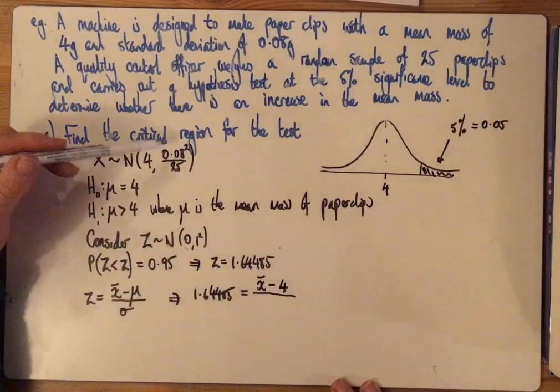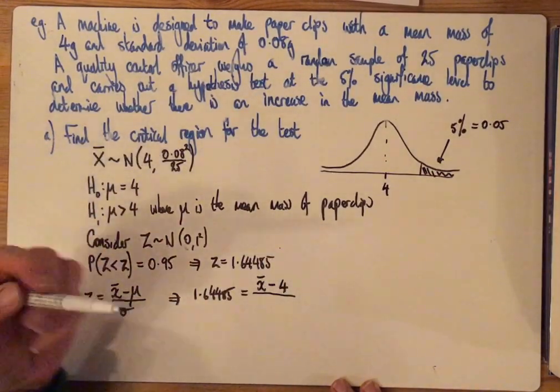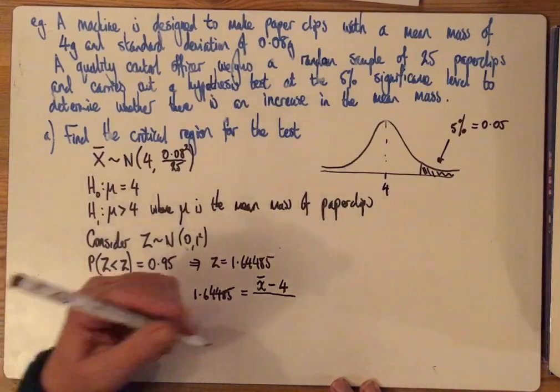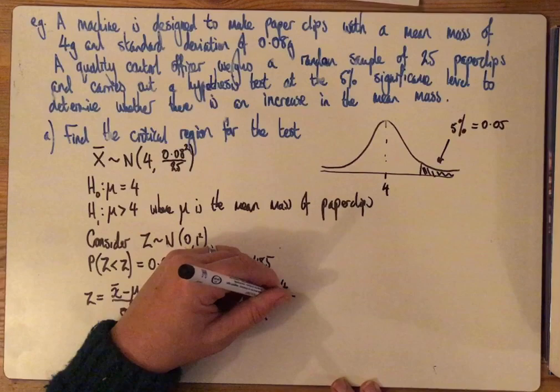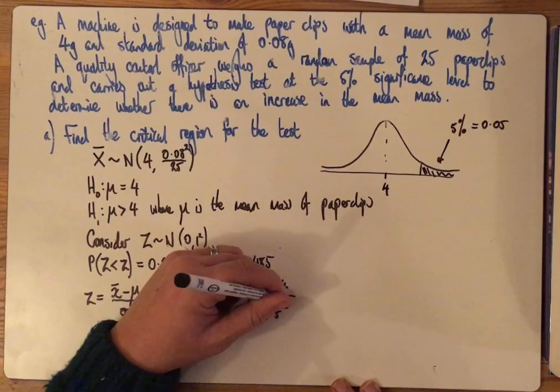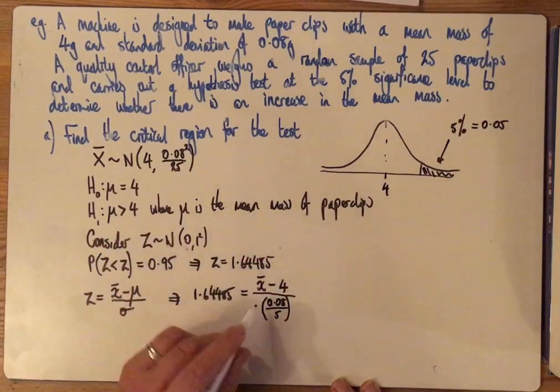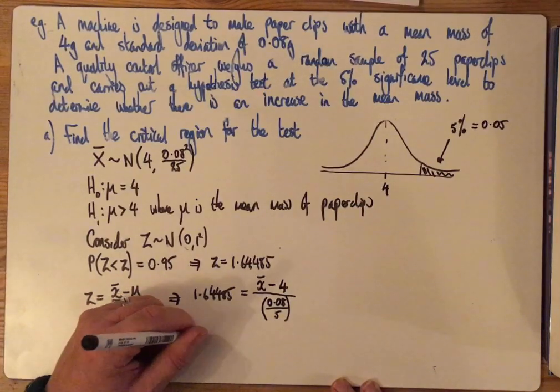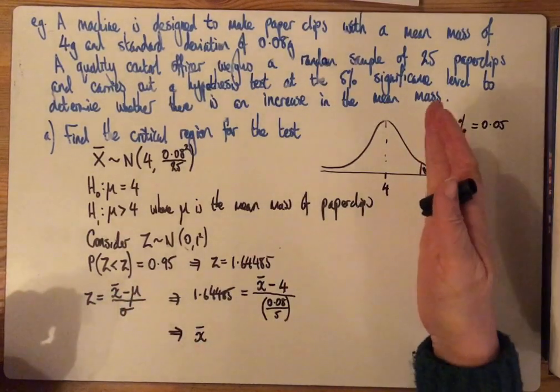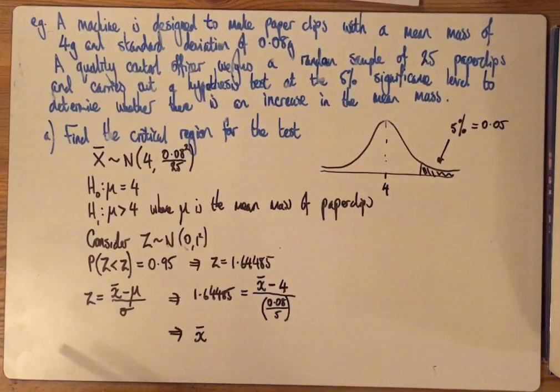And so I need to divide by 0.08 over 5. We need to find out what this sample mean is going to be that gives you the area to the left of it as being 0.95.